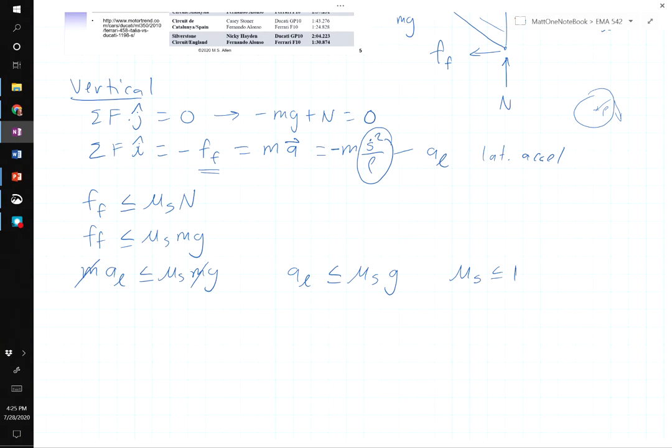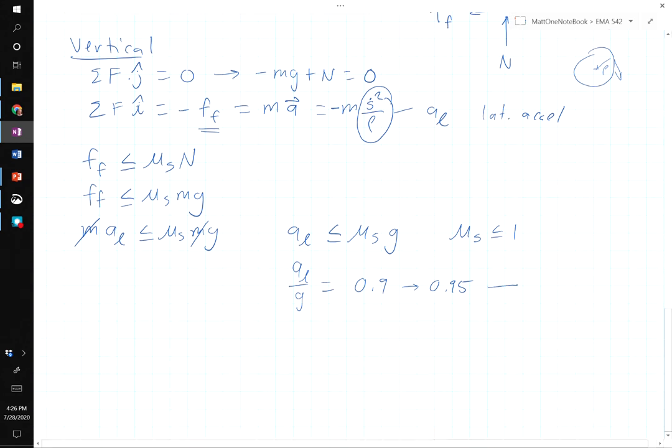I guess for a lot of years, the best cars you see would have a lateral acceleration in g's being about 0.9 or 0.95 g's. But if you look at some of the best cars today, sometimes this number can even go to about 1.25. So you can get a much higher acceleration than gravity going through hard corners.